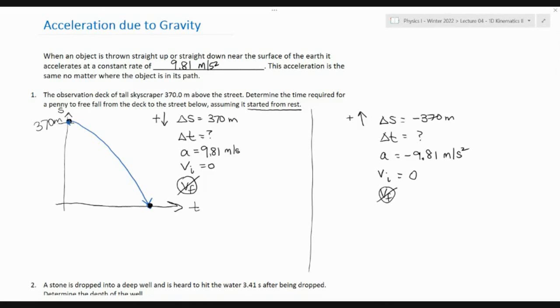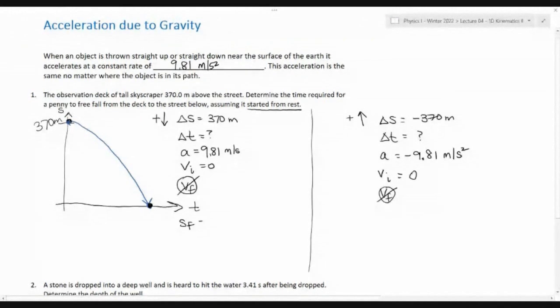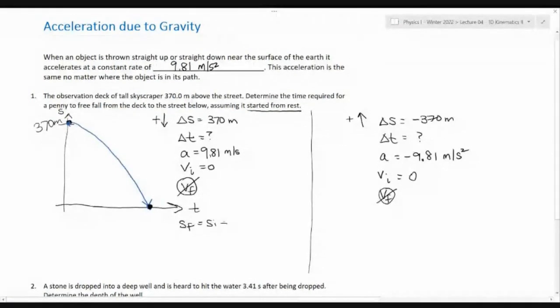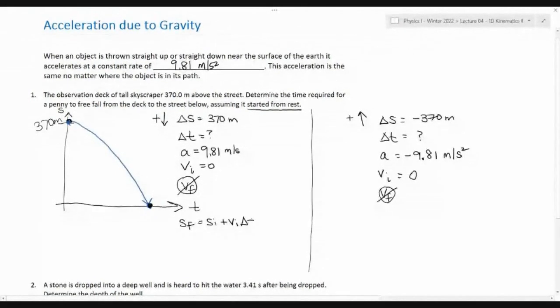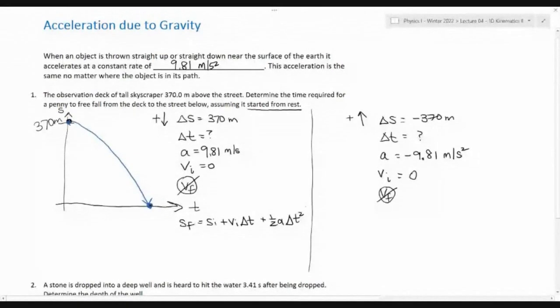We have 3 kinematic equations, and the one that does not involve v final looks like this: S final equals S initial plus v initial delta t plus 1/2 a delta t squared.